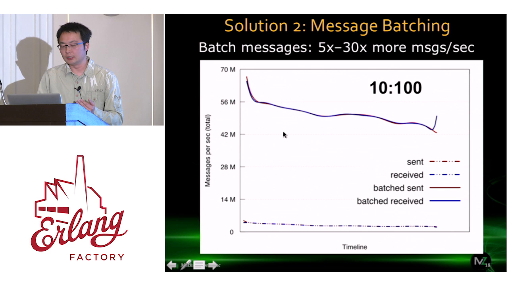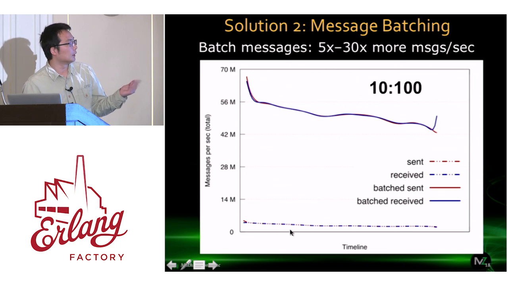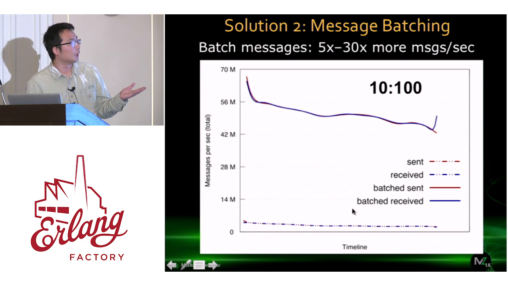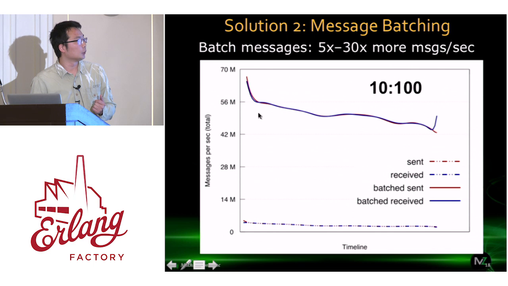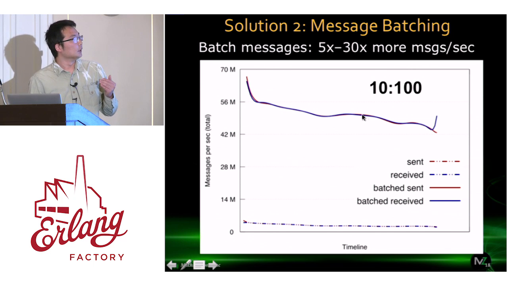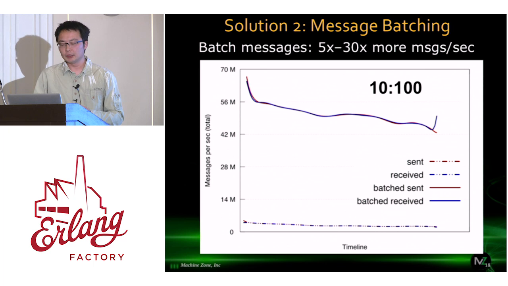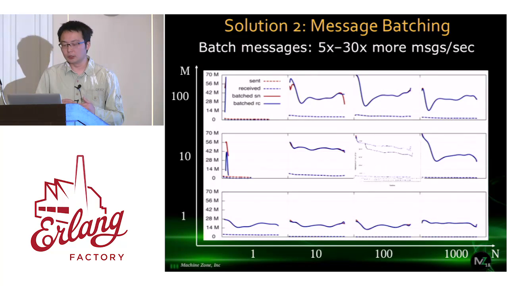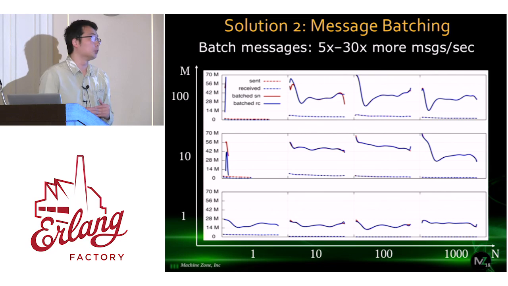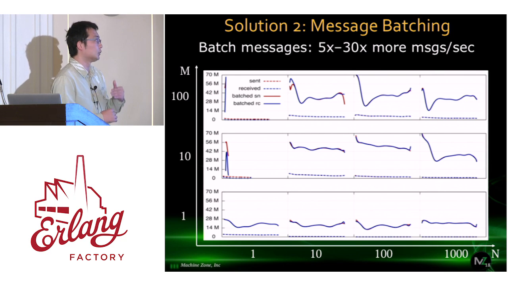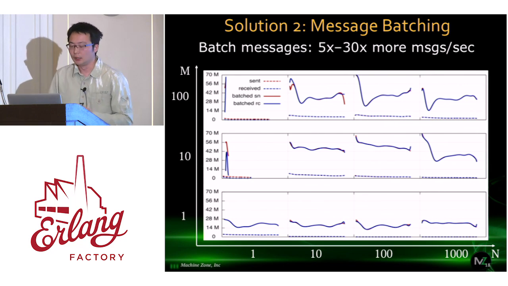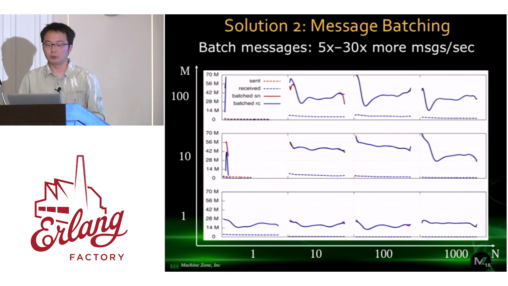We also put in the unbatched solution for comparison, shown as the dotted lines below, and as we can observe, there is clearly a huge gap between the batched and unbatched solutions. To be more generic, we also repeat the experiment with senders from 1 to 100 and receivers from 1 to 1,000.